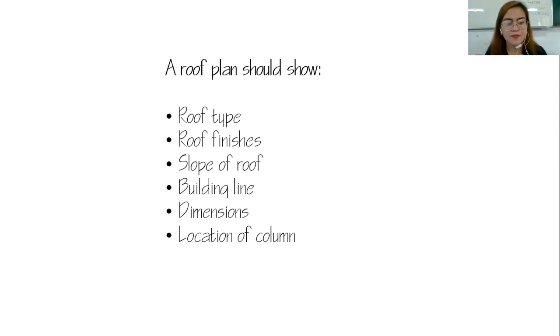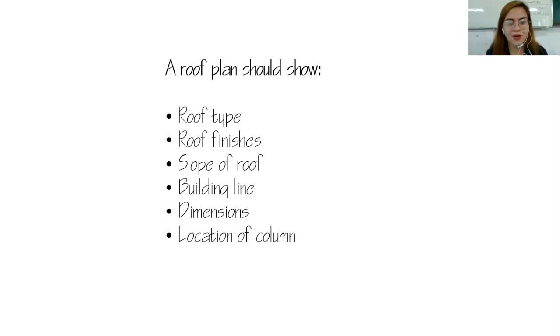So you need to also indicate the roof finishes. You can reflect it on your plan. You can either hatch it, if you're using AutoCAD, or you can manually draft the material.